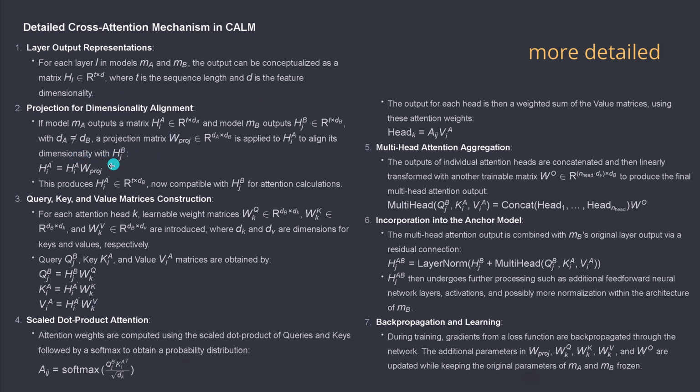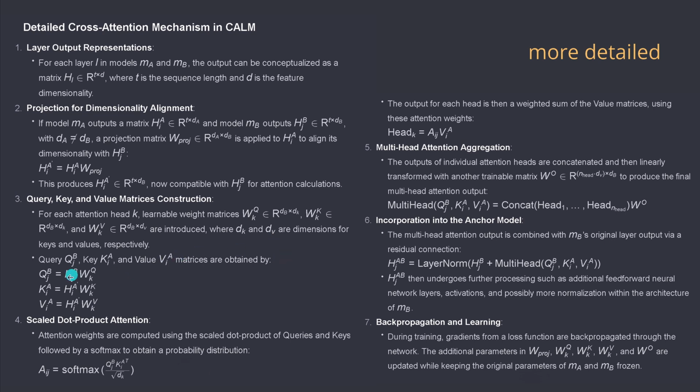We have the projection matrix. Now, please note that this is H model A layer I dash. So whenever you see a dash on top, this is simply the projection tensor applied to it. And then you have the query, key, and value matrix construction. So for each attention head, remember multi-head, learning the weights, yes, are introduced.